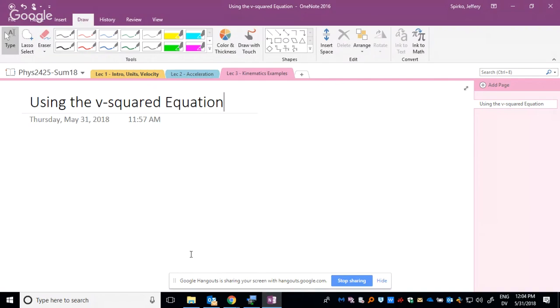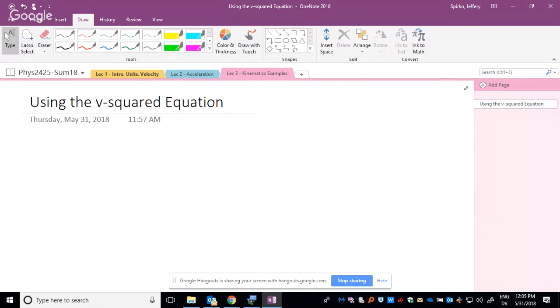And then there were 2 other equations that are usually used when the first categories don't give you anything obvious right away. One of the auxiliary equations was what I call the v-squared equation. So I want to talk about that one first.